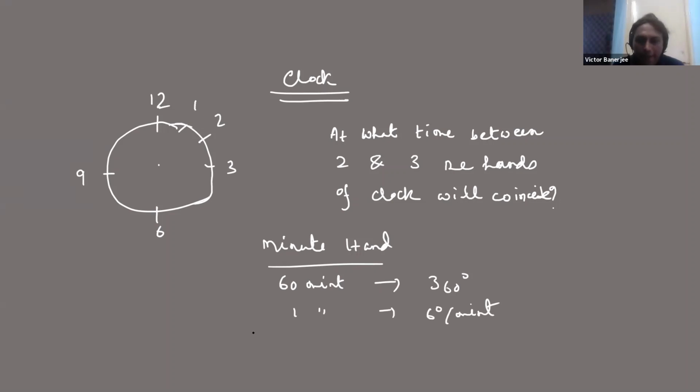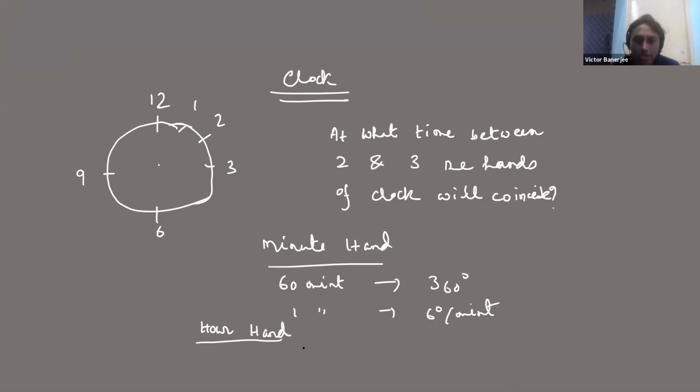Similarly, if I ask for the hour hand, it covers 360 degrees in how many hours, Vishal? The hour hand completes the cycle in how many hours? In 12 hours.